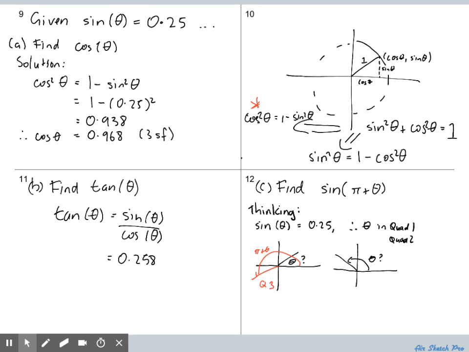And if theta is over here, then if I add 180 degrees, if I add pi to that, then theta would end up being, sorry, I shouldn't put theta there.